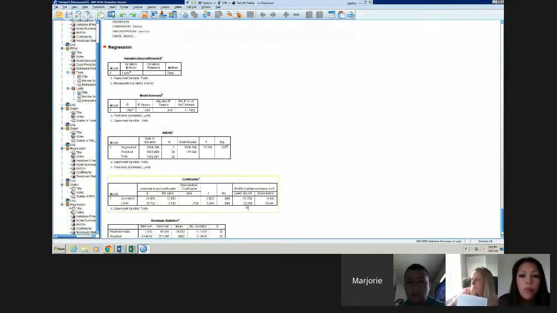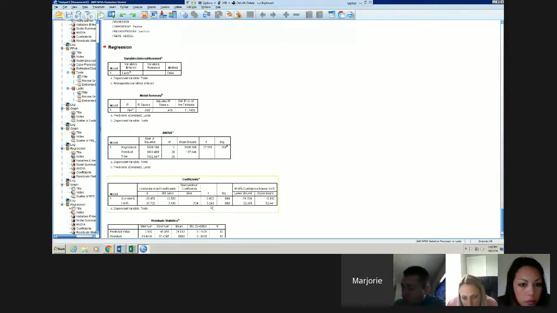Okay. It's lactic acid. State the correct null and alternative. It's just equals to and not equals to. Equals 0 and does not equal 0. And the test statistic is 5.249, right under the coefficients.